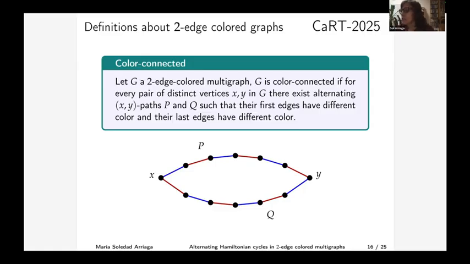We say that G is a color connected two-edge colored multigraph if for every pair of vertices x and y in G, there exist two xy paths, P and Q, such that their first edges have different color and also their last edges have different color.